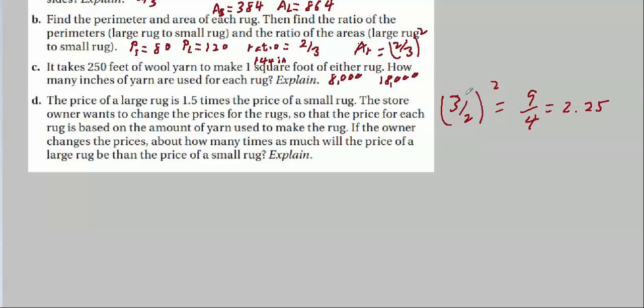For the perimeters, this stays the same. But for areas, don't forget that your scale factor gets squared when you compare one area to another area. So I don't think here it is right here. 2.25, or 9/4, would be the right answer.